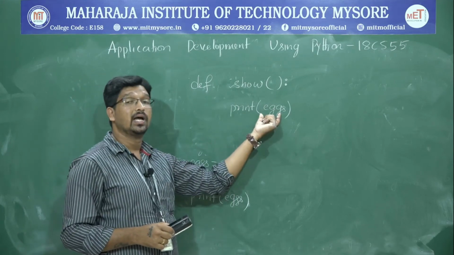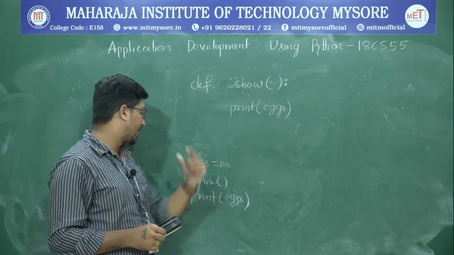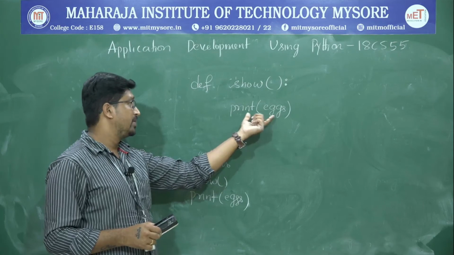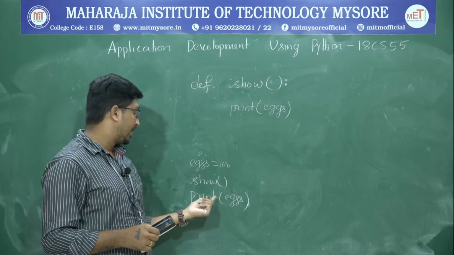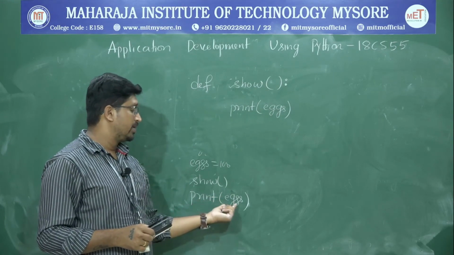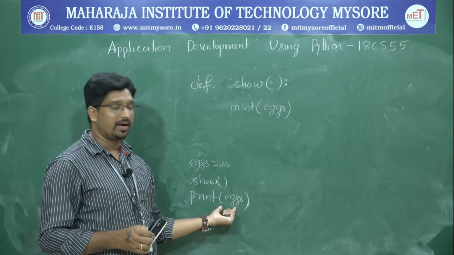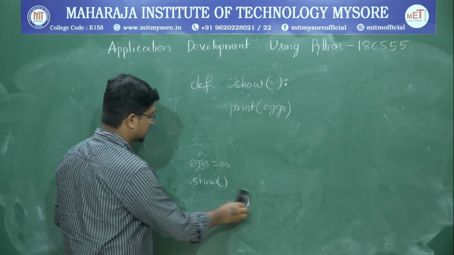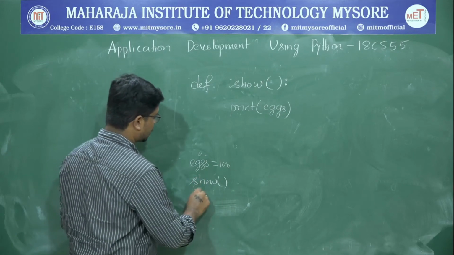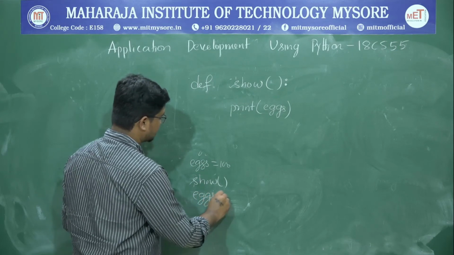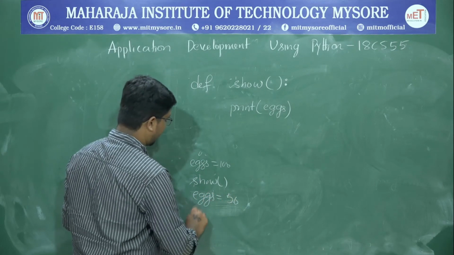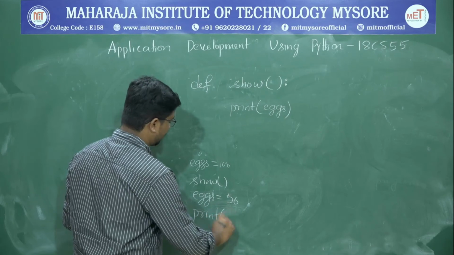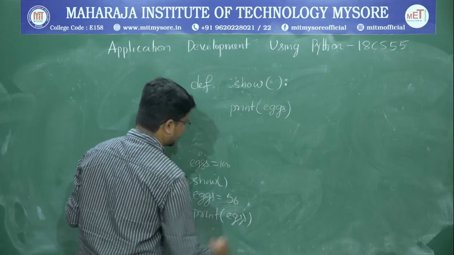It will print 100. Then from this print message you will get 100, and again from this print message you will get another 100. Or if you want to change the value, after calling the show function, I will change x to 50 and I will say print of x.